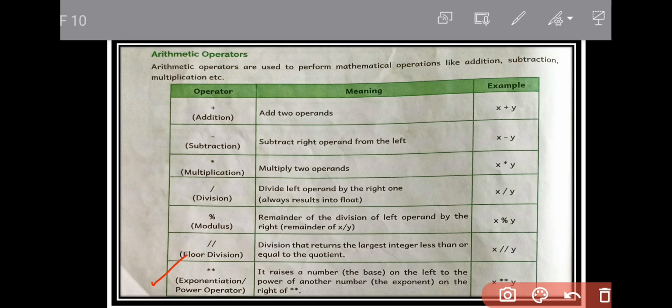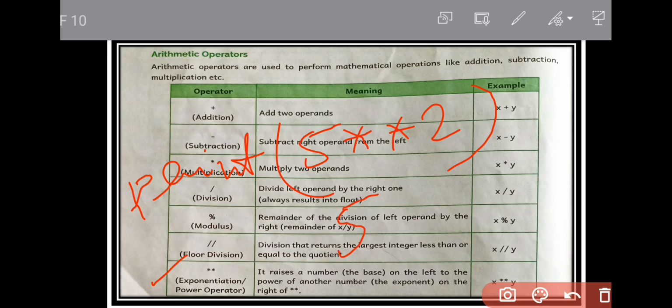For example, print 5 to the power 2, that means 5 into 5. The answer is 25.